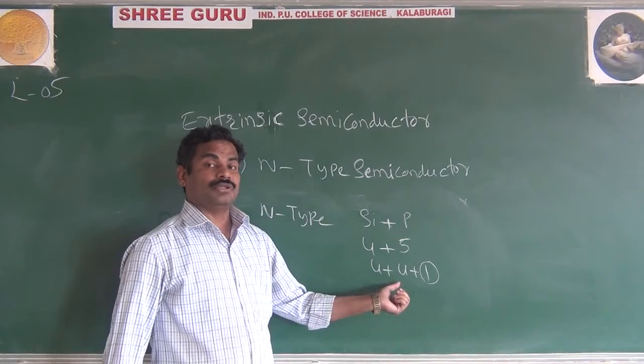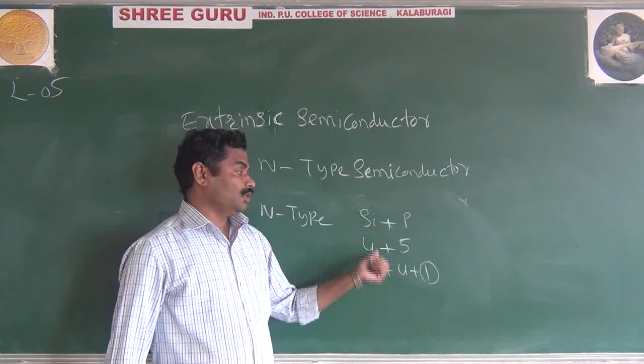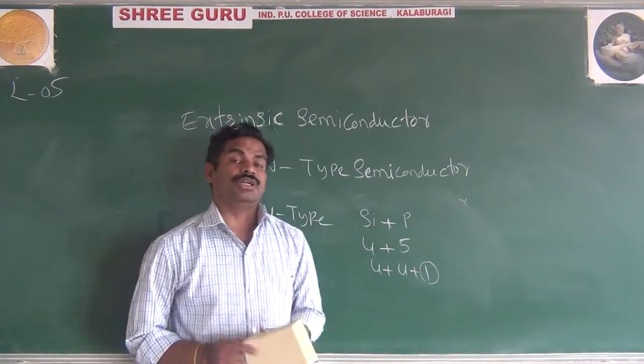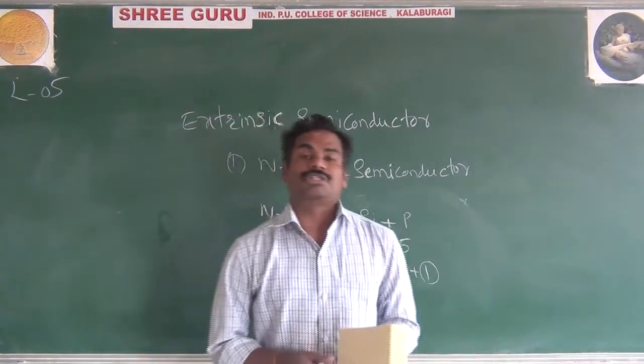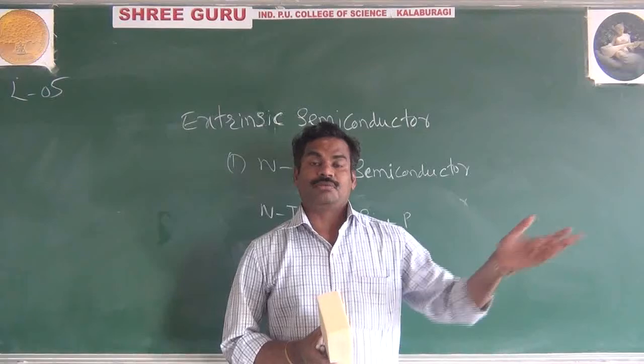They will donate one electron to the conduction band. This is the very simple way of understanding the N-type semiconductor. It means an N-type semiconductor is a pure semiconductor with pentavalent impurities added. It may be phosphorus, it may be arsenic.